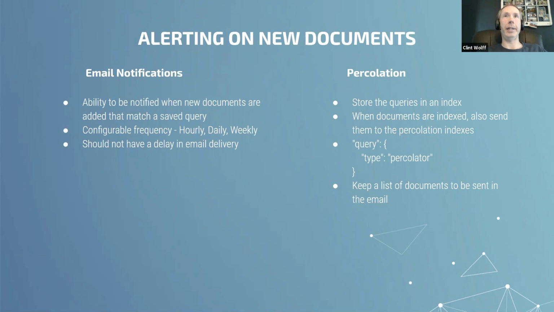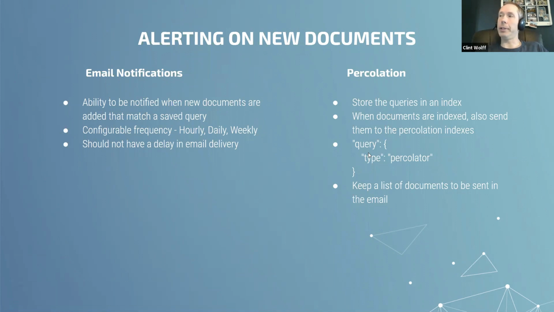But at the end of the day, there are some more complex queries that it can't do that magic with, and those complex queries need to be automatically run against the documents that it's storing in the index. Now, that was probably an overly complicated explanation. But the idea is very simple to implement: just add query type percolator.